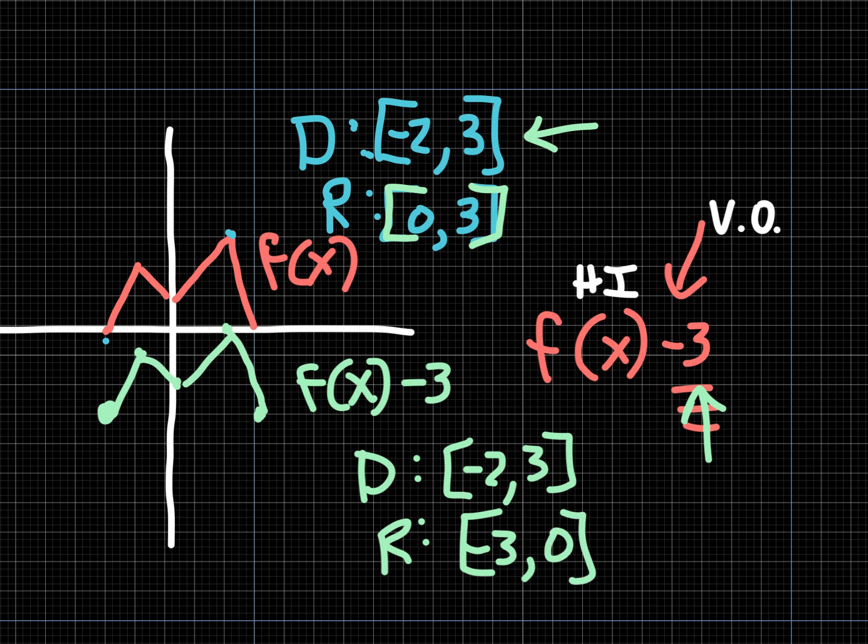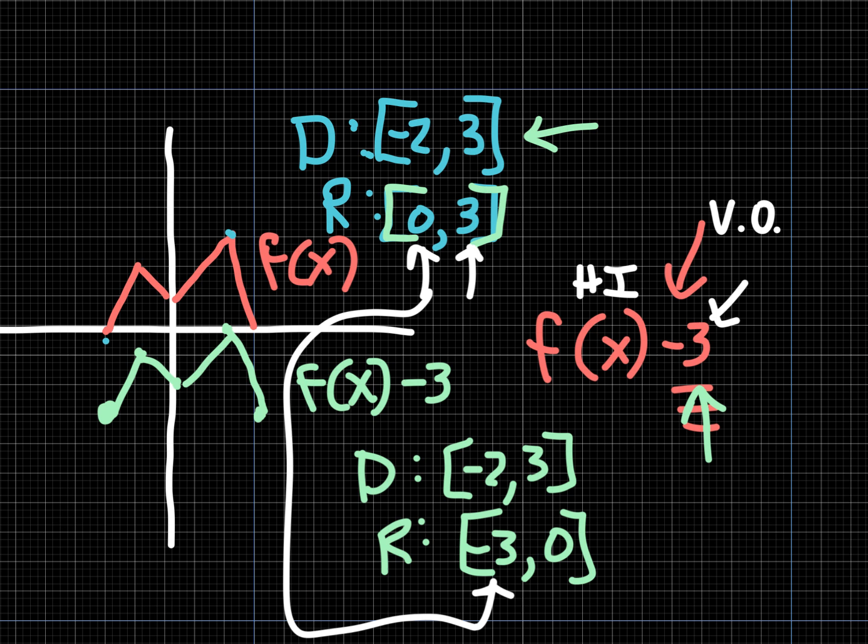So really, couldn't I have just taken my range numbers? If I'd known that it's going to go down 3, both of my range numbers drop by 3. The 0 goes to -3, that's down 3. And the 3 goes to 0, and that's down 3.